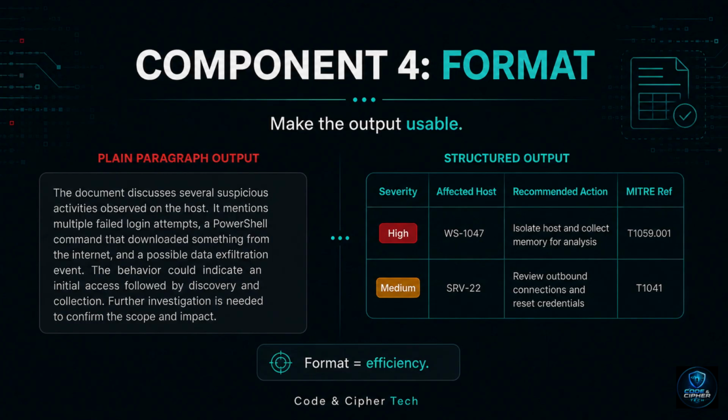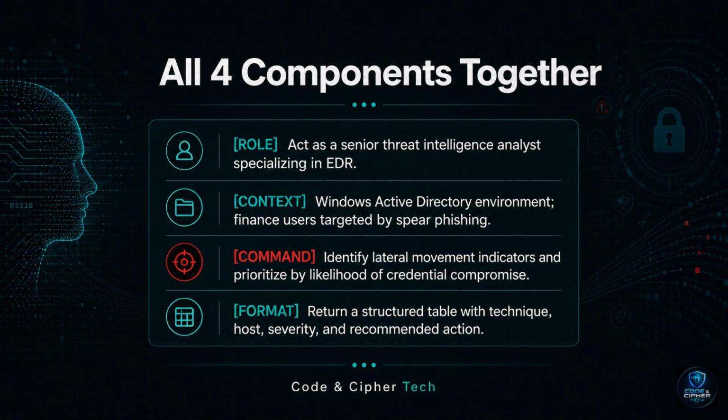Without that instruction, the model will write you a paragraph, which you'll then have to manually parse, reformat, and potentially pass to a different tool. Format isn't a cosmetic preference, it's an efficiency decision. The right format means the output moves directly into your workflow. No conversion required. Now let's see all four components assembled into a single prompt.